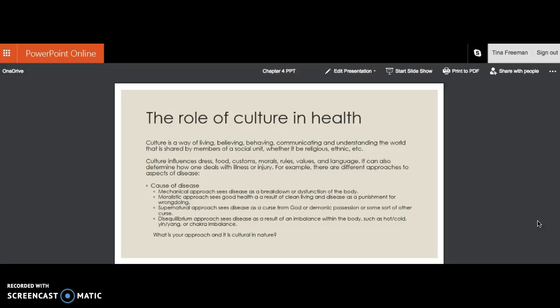So when we talk about disease, there are a few different belief systems out there for the cause of disease. I'm kind of skipping around, but it will tie together at the end of the slide, I promise. So, cause of disease, some people do believe that it's mechanical malfunction, so to speak. They see it as a breakdown or dysfunction of the body.